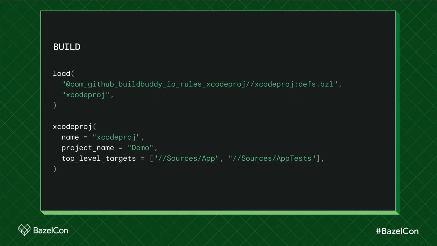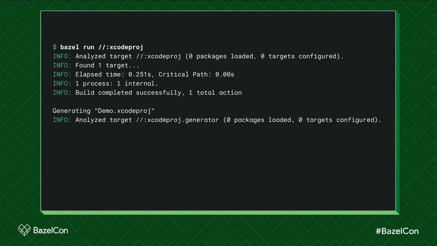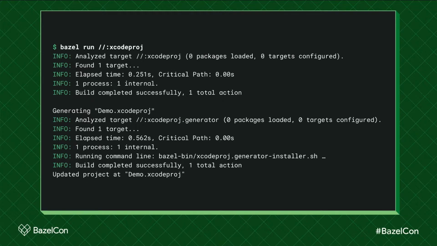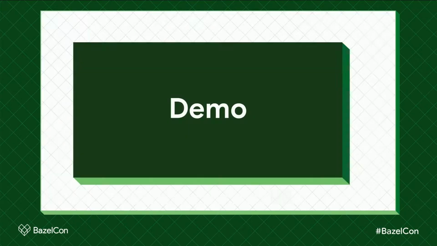Next, in a build file, you need to define an Xcode Proj target that includes all the top level targets you want in your project. Transitive dependencies will be included automatically. And finally, you need to invoke bazel run on that Xcode Proj target to generate the project. Now you can open the generated project and immediately start editing, running, and testing your targets.